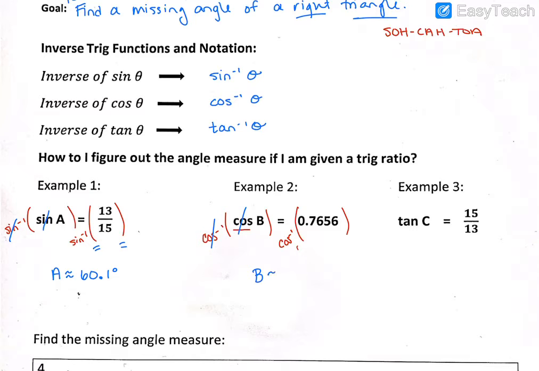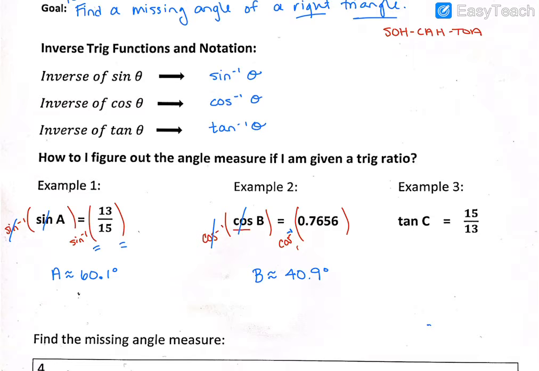You're going to be left with B is approximately, and this one you didn't even have to type in a fraction. You're just typing in second cosine 0.7656. And this one tells us that B, which is an angle measure, is approximately 40.9 degrees.